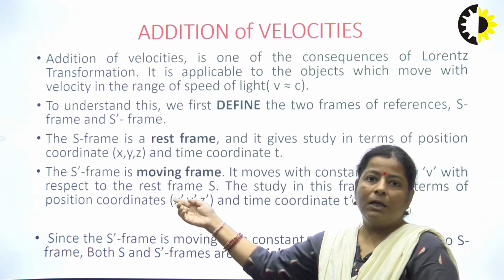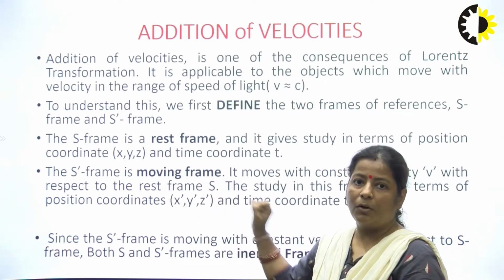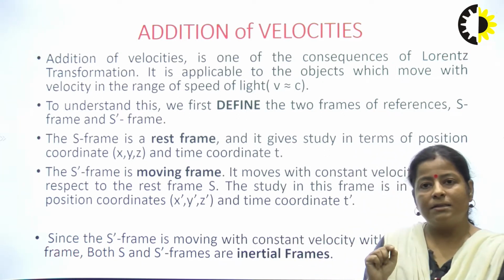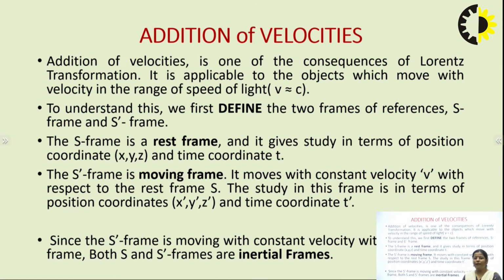Now, we come to the definition of the S dash frame. How do we define the S dash frame? This S dash is a moving frame. And how is it moving? It is not moving in any random direction. It is moving in the positive x direction, with a constant velocity v with respect to the rest frame S. This is how the S dash frame is defined.